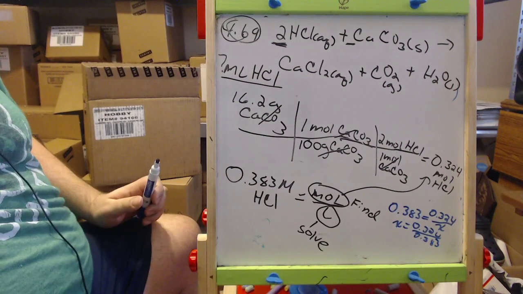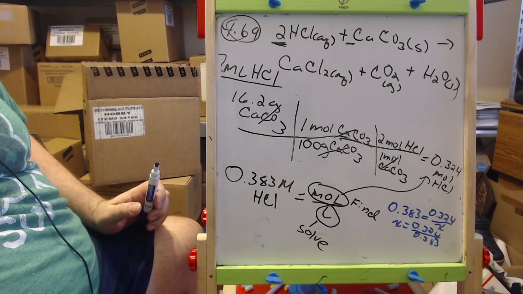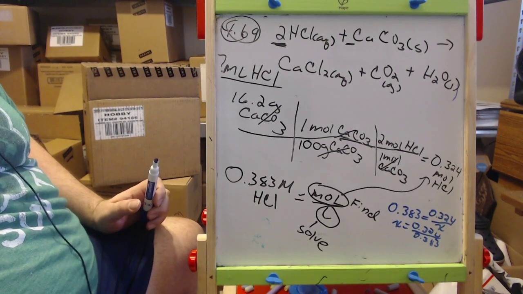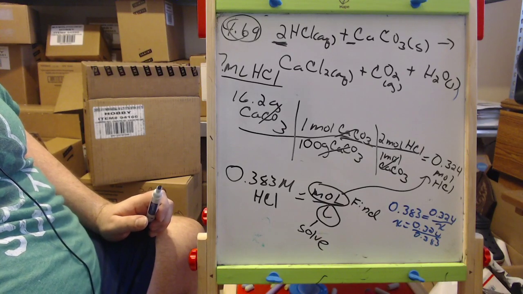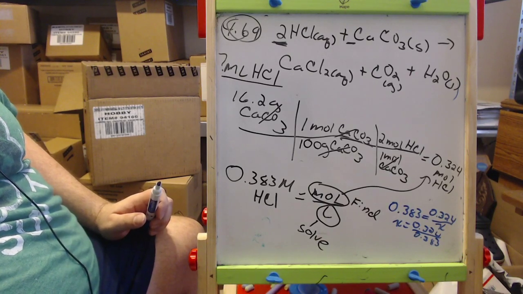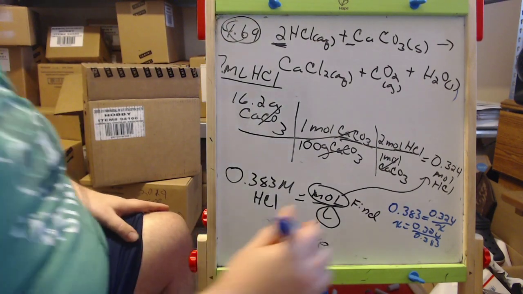Okay. So let's do that. 0.324 divided by 0.383. I'm getting 0.846.